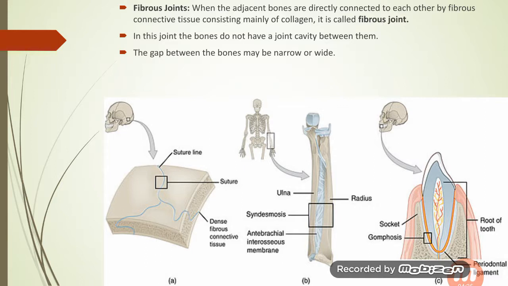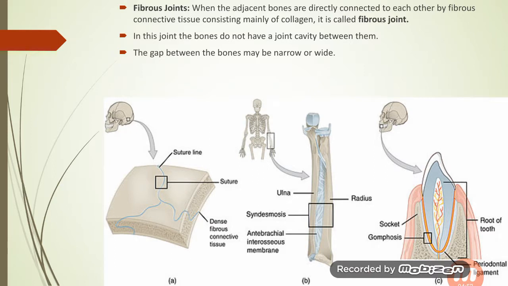Lastly, we will talk about gomphoses, which are peg in socket joints. Their only example is teeth in the alveolar sockets. The fibrous connection is the periodontal ligament that holds the tooth in the socket.